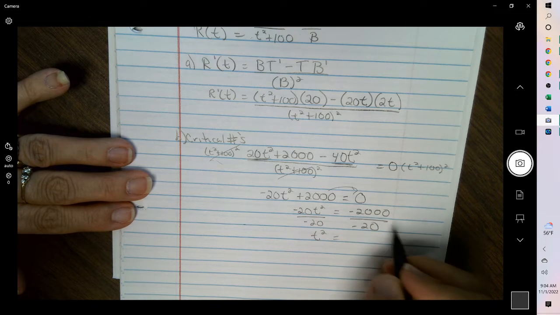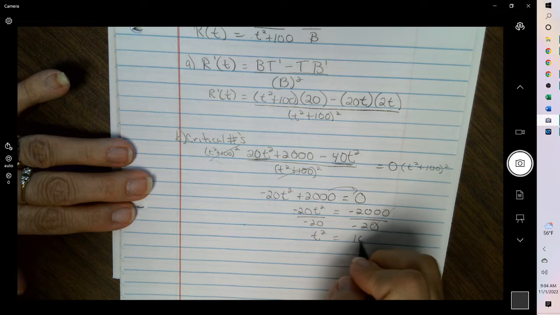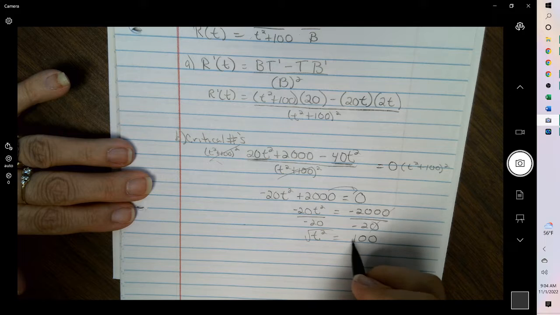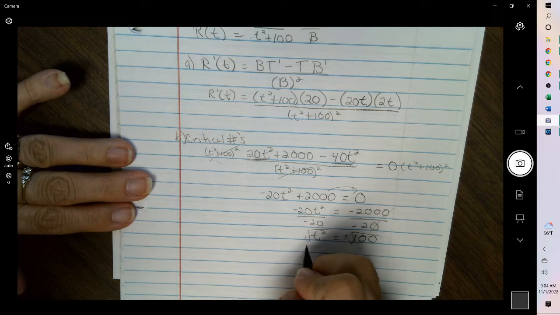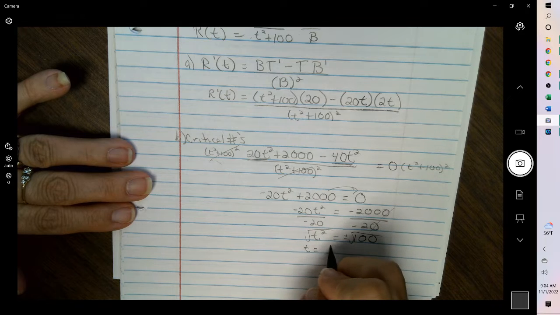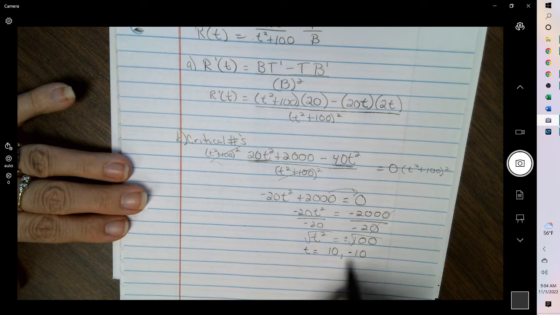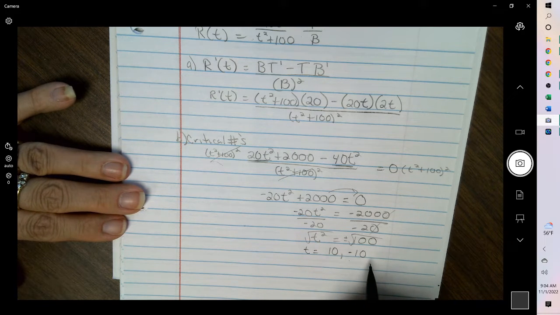T squared is 100. To get the squared by itself, we can take the square root of both sides, which leaves a positive and negative value. So t equals 10 and negative 10. Both of these are critical numbers, but for our problem, a negative amount of minutes doesn't make sense.